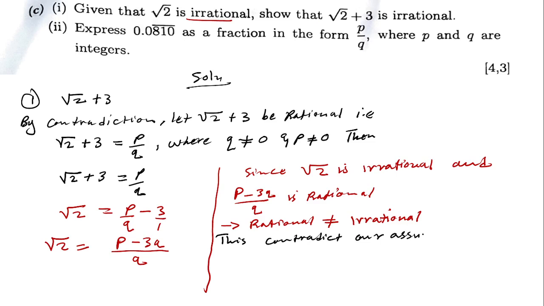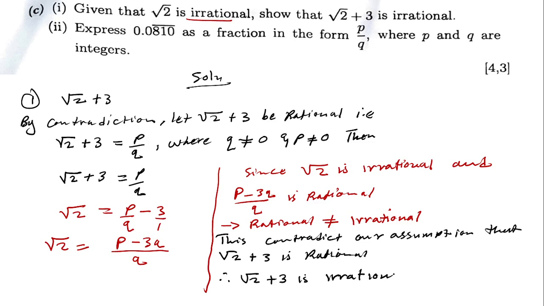Therefore, square root 2 plus 3 is irrational. So write square root 2 plus 3 is irrational. That's how you solve.